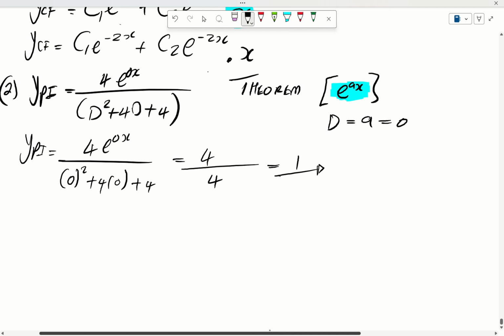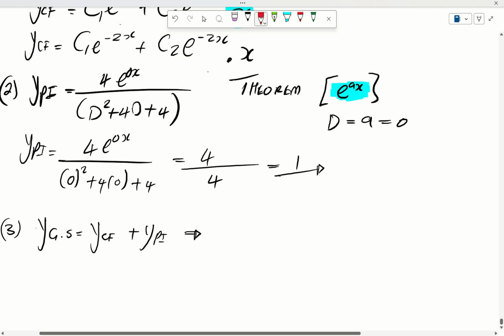And that will be your YPI. Then the final answer, which is step number 3: you'll have the general solution, which is equal to YCF plus YPI, the complementary function plus your particular integral. Then we just add the two.